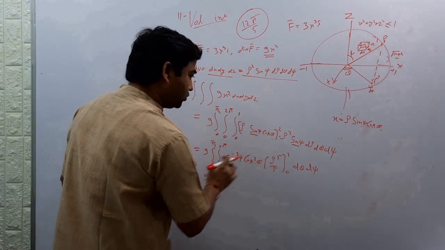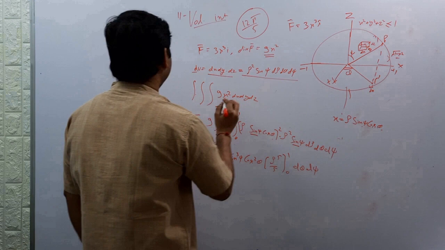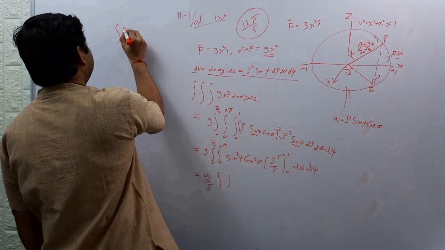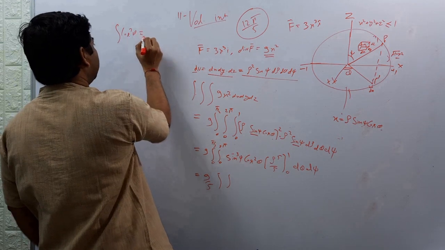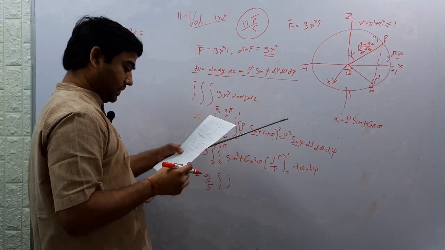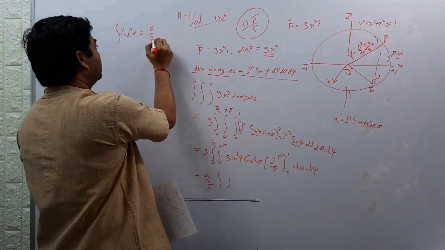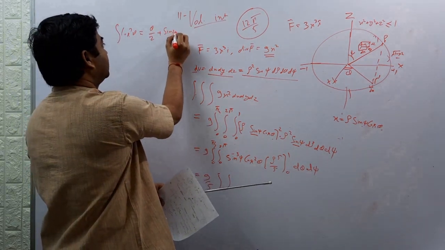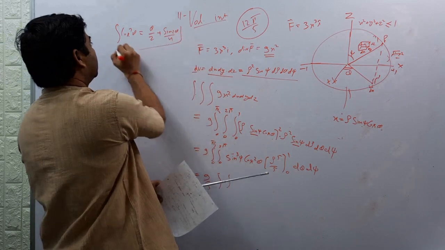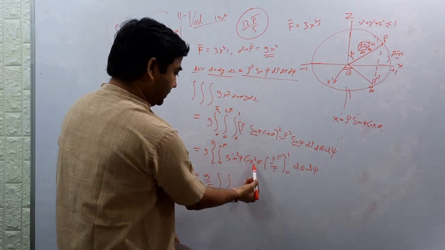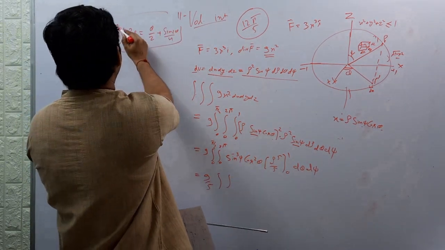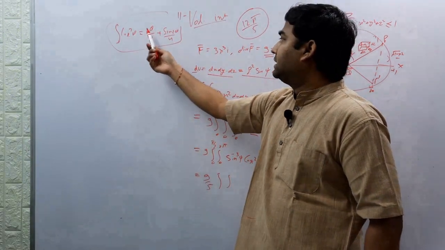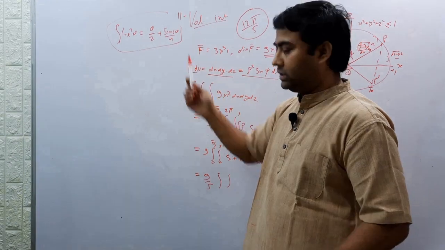Now we know that the integration of cos squared theta is equal to theta by 2 plus sin 2 theta by 4.